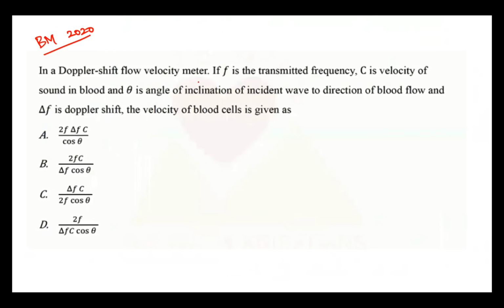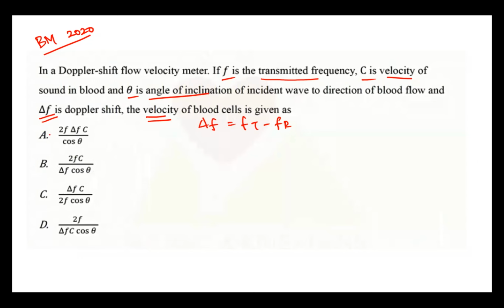So in a Doppler shift velocity meter, if F is the transmitted frequency, C is the velocity of sound, theta is the angle of inclination, they ask you to find del F. So del F is Ft minus Fr. We have studied the formula, right? On the formula, they ask you to calculate velocity. What is the formula for velocity here?